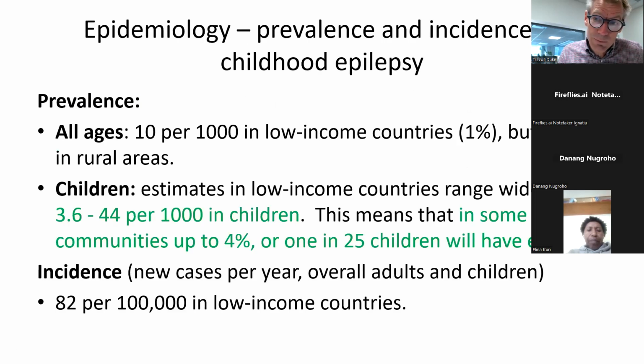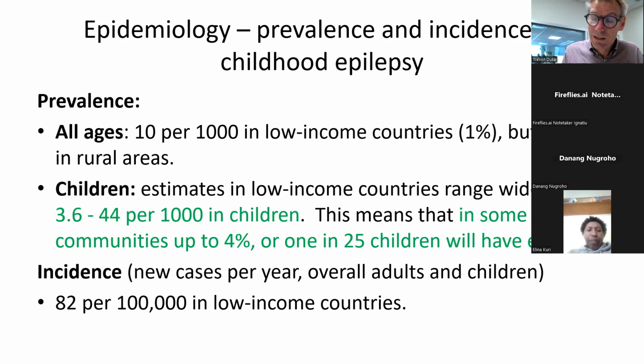In terms of epilepsy, the prevalence among all people, not just children, is about 1%, and it's higher in rural areas in low-income countries. For sure, it's higher. The estimates for children are a little different, somewhere between 3.6 and 44 per 1,000. The estimates vary very widely depending on the population studied, but it means that in some communities up to 4% of children will have epilepsy, and that seems very high.